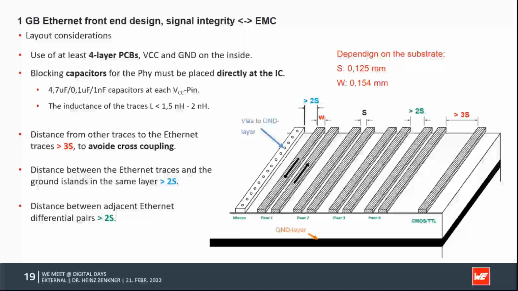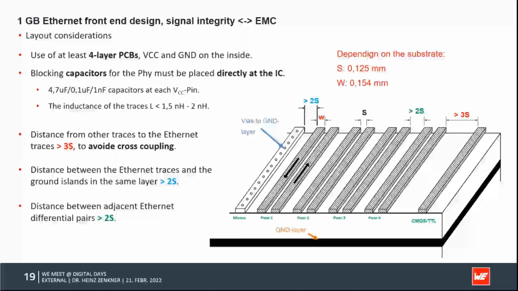Then the inductance of the traces from the capacitors to the controller should be lower than 1.5 to 2 nanohenry. That's the rule of thumb, meaning 3 millimeters maximum, 4 millimeters maximum, not more than this away.